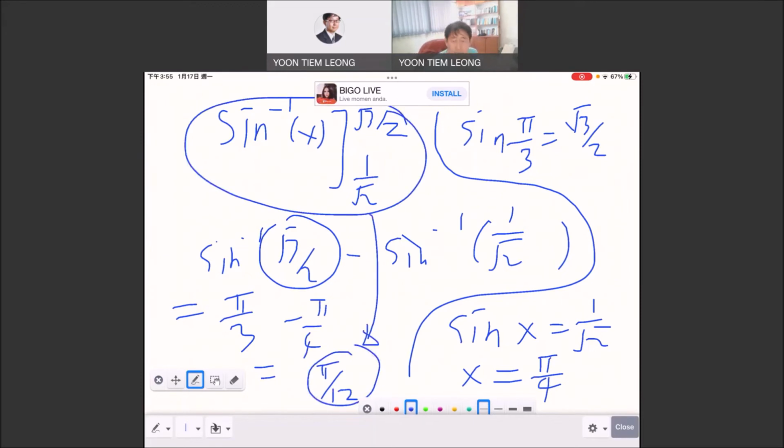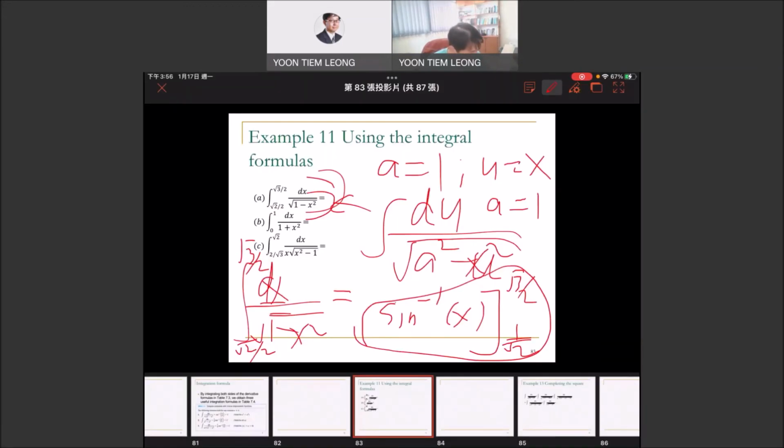So I'm working it out for you to demonstrate that it is possible to get the answer for the arcsine evaluated at this value and this value without a calculator, if you can remember your specific angles for arcsine yourself. If I'm wrong, you can always correct yourself.